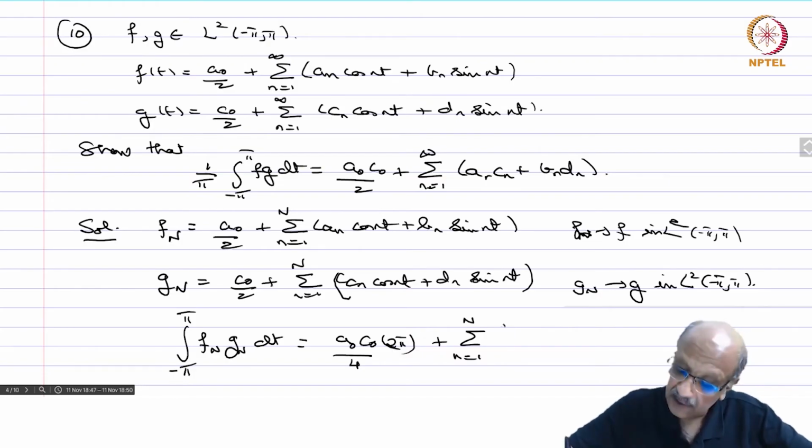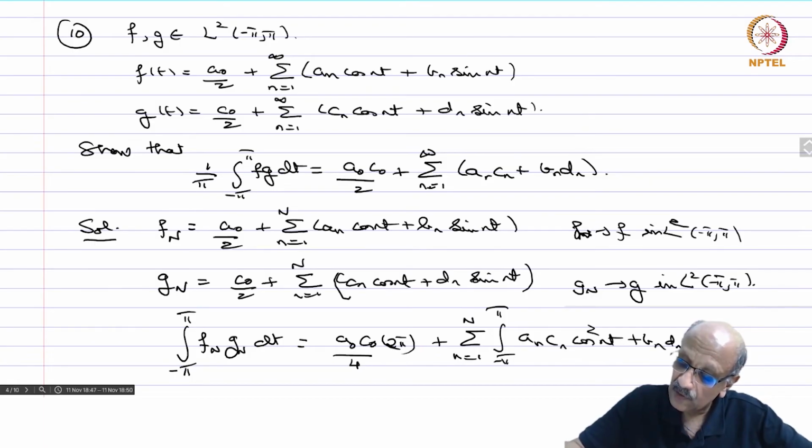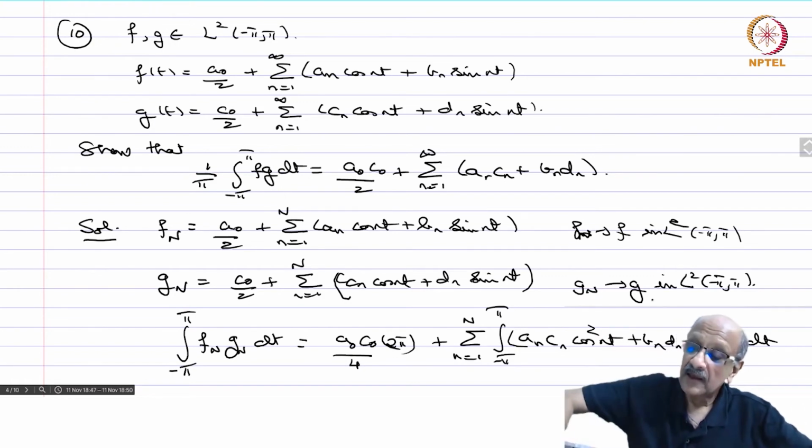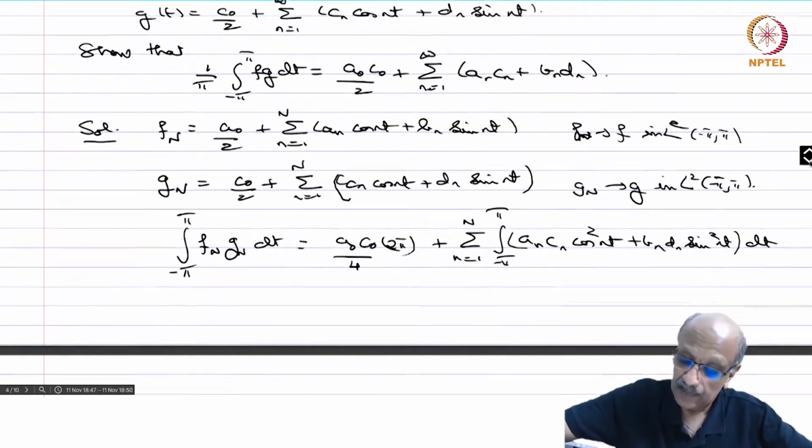So you get integral minus pi to pi a n c n cos square n t plus b n d n sin square n t. All the other cross terms will vanish because integral cos n t sin n t is 0 over minus pi to pi.